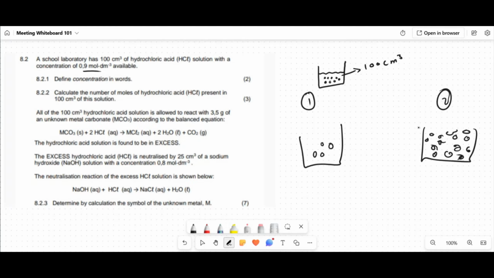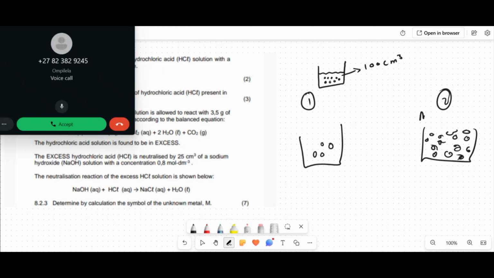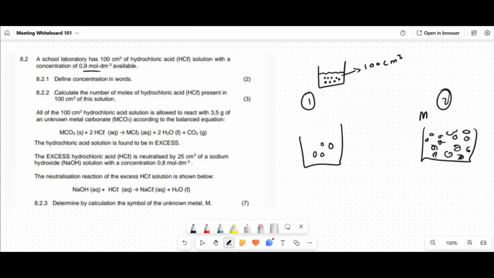What we can conclude is that this one is more concentrated, and this one will be less concentrated.